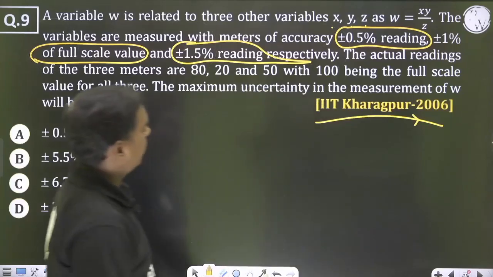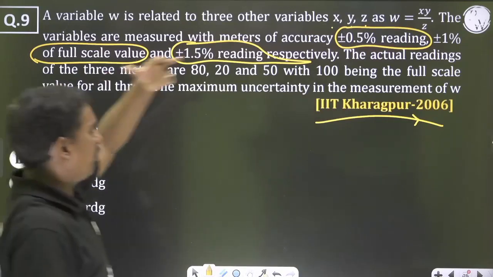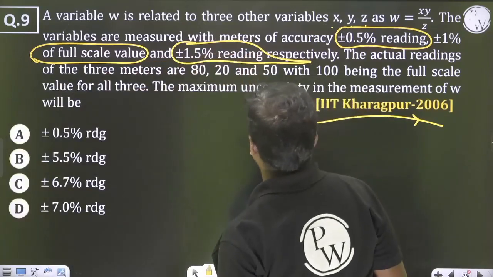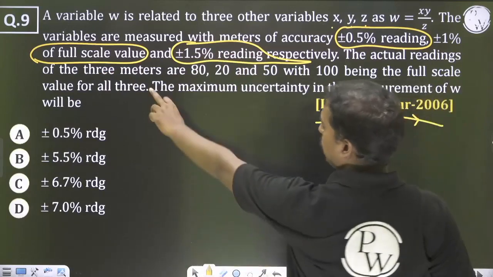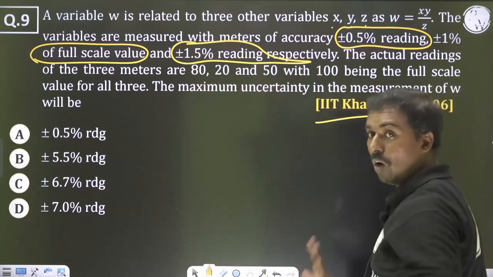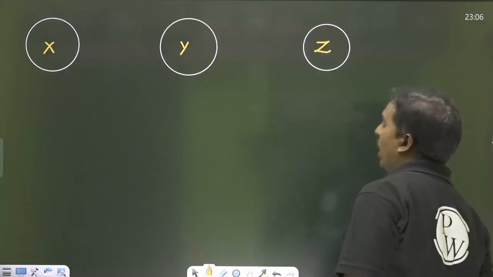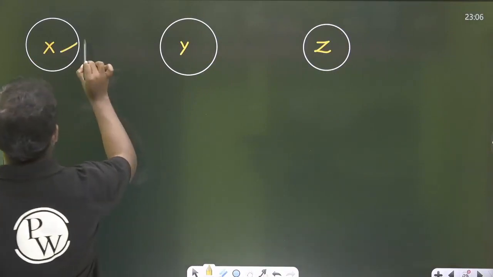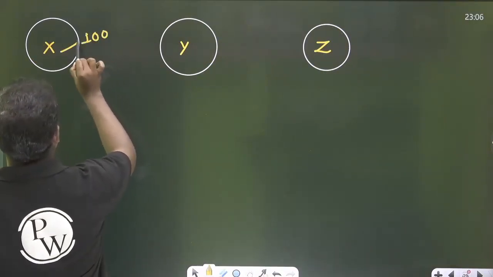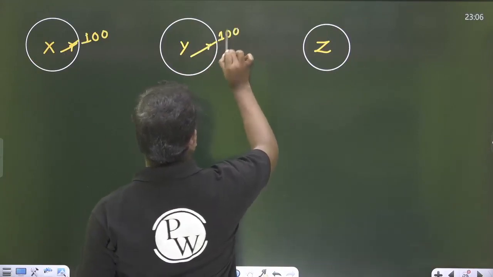Okay, x, y. So what is given? First of all, for x, 0.5% of reading. And remember, the actual readings of the 3 meters are 80, 20, 50, with 100 being the full scale value for all the three. So the full scale value is 100 for x, 100 for y, and also 100 for z.